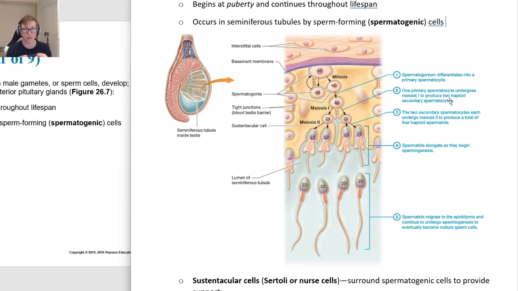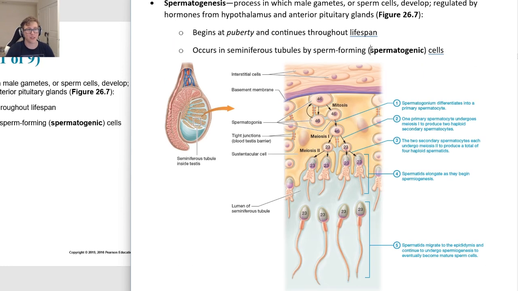Those have 23 chromosomes, and these are going to eventually turn into sperm. The spermatids migrate into the epididymis to continue to undergo spermiogenesis when they eventually mature into fully mature sperm cells. And that is the process, very briefly, very skimming, of spermatogenesis.